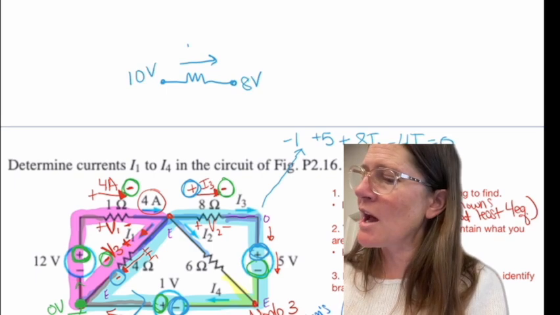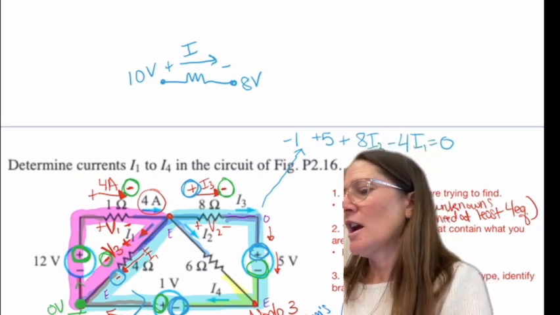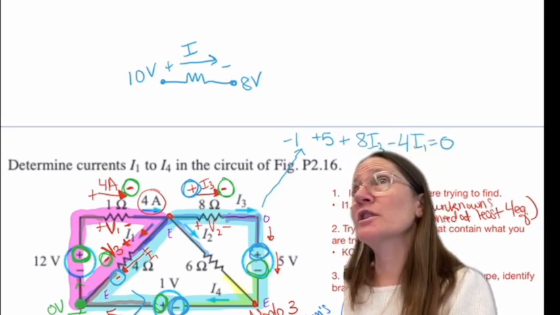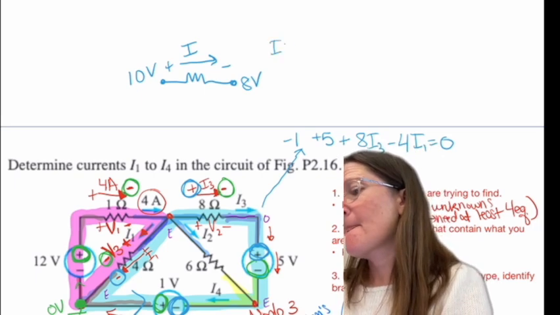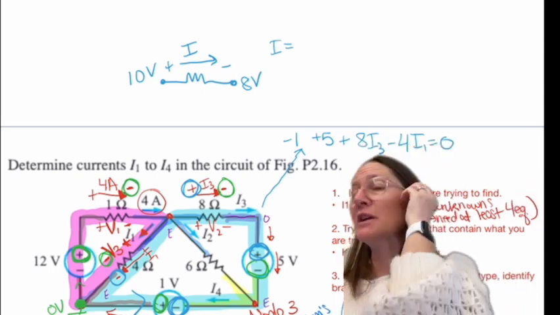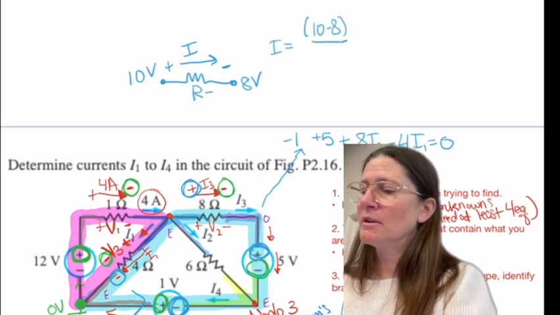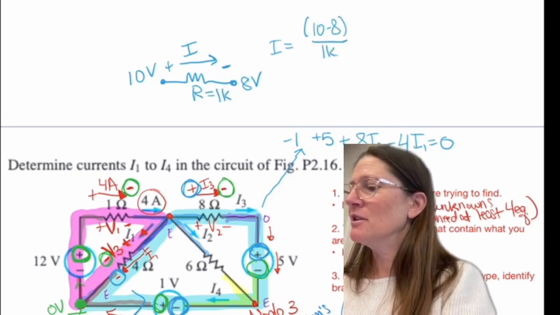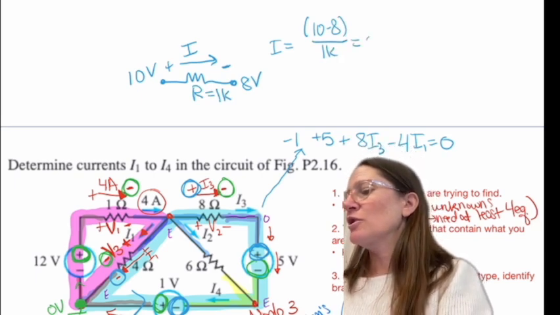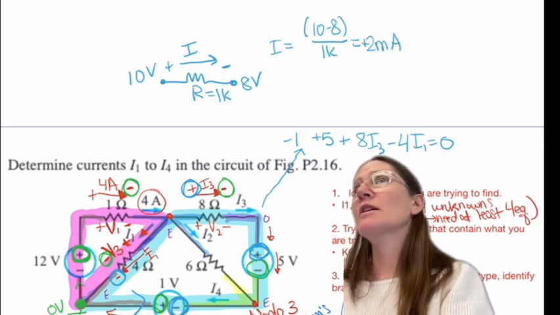If I have this orientation, the voltage difference would be from the left to the right because I have the plus to minus. So 10 minus 8 over, let me put 1K to make it easier. This is going to be 2 milliamps, and that would be a plus, right?